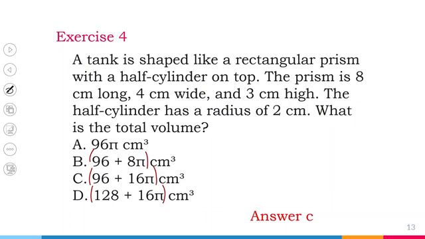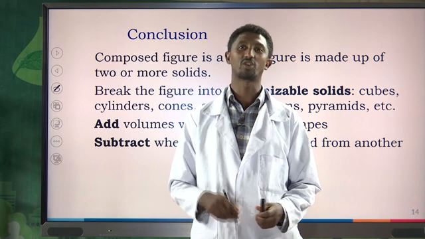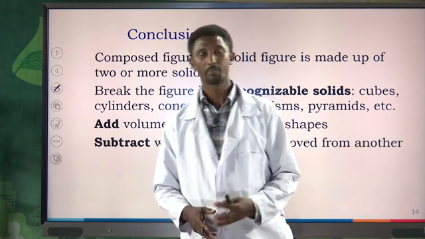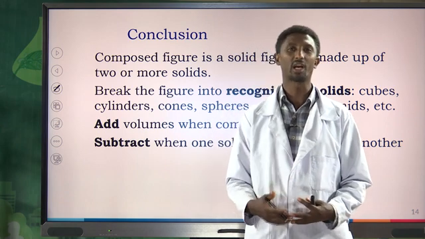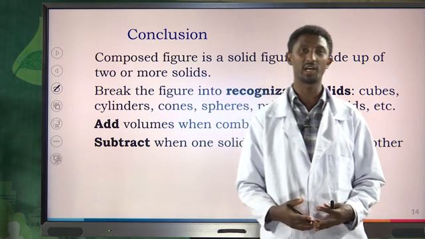So in general, we have tried to cover that a composite solid figure is a solid figure which is made up of two or more solid figures. So how can we compute the surface area and the volume of these composite solid figures?